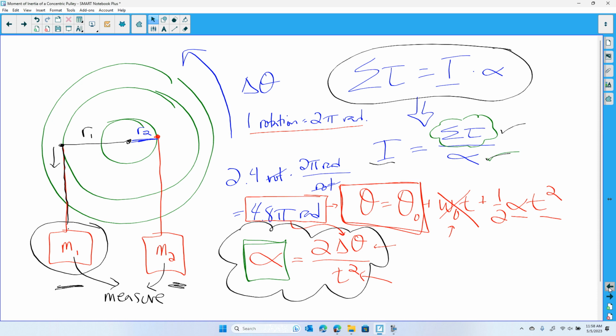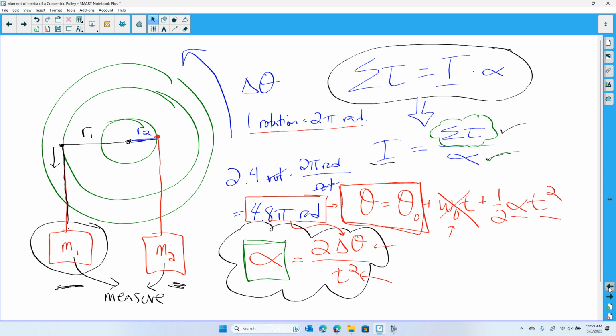You could have gotten a variety of numbers because this thing could be speeding up slowly or relatively quickly. What some people found was that they were getting angular accelerations of like 50 or even 100, which sounds like a lot, but it's really not. Let's say that you had it at the edge of a table and it unwound like 5 times as one mass went down and one mass went up.